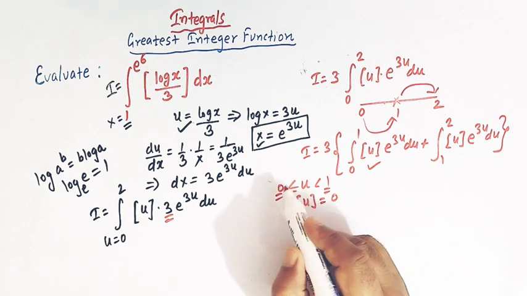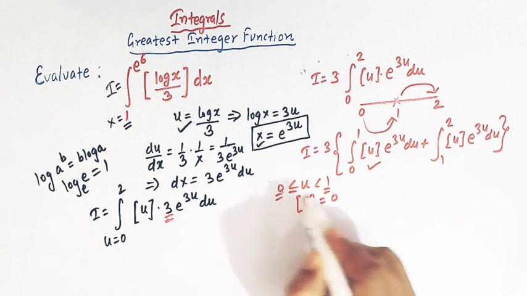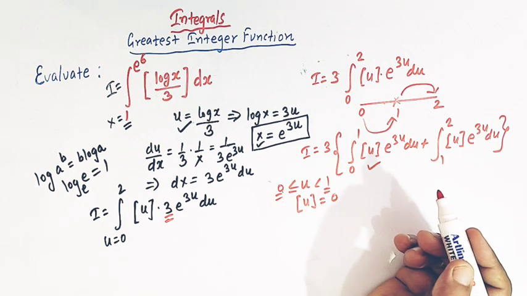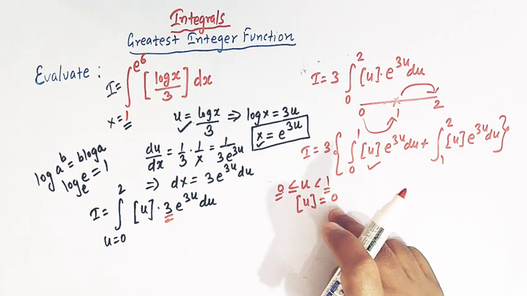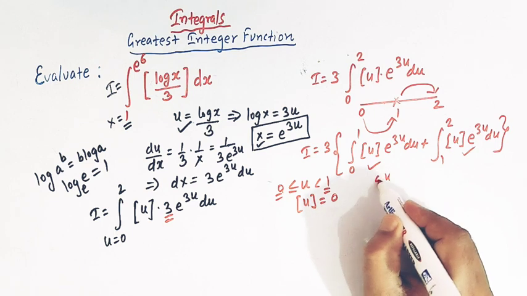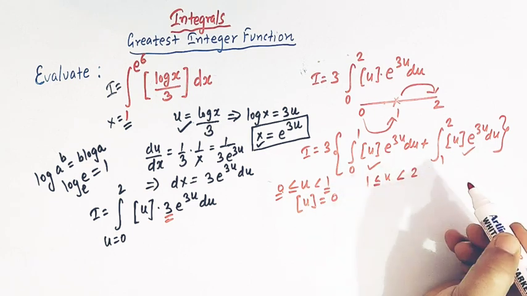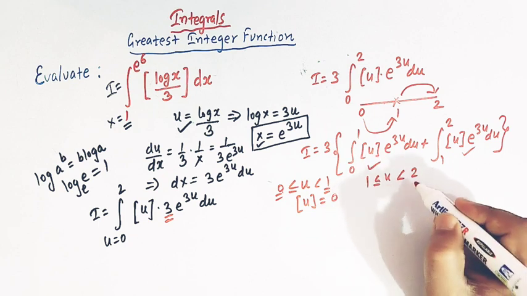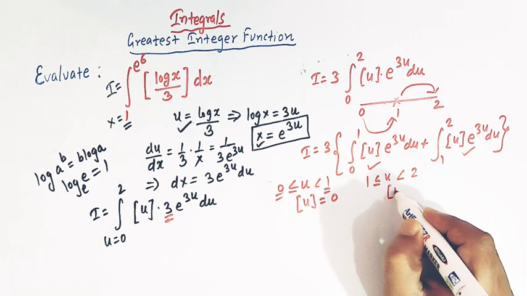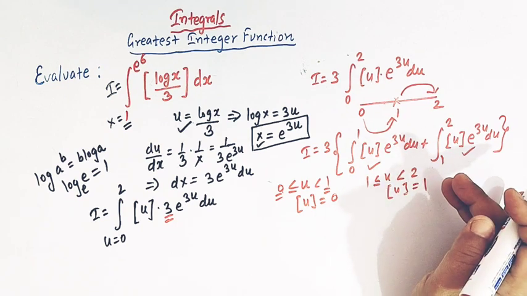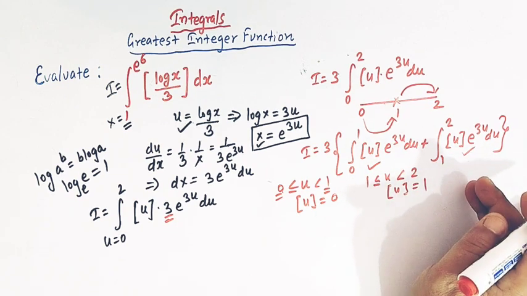So when u lies between the integers 0 and 1, the greatest integer of u must be equal to 0, right? This is quite simple. And here u goes from 1 to 2, and when u lies between the integers 1 and 2, then the greatest integer of u must be equal to 1. This is again due to the definition of the greatest integer function.